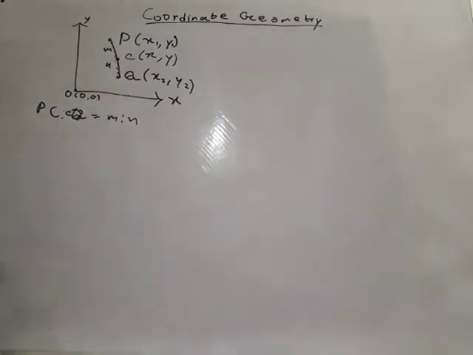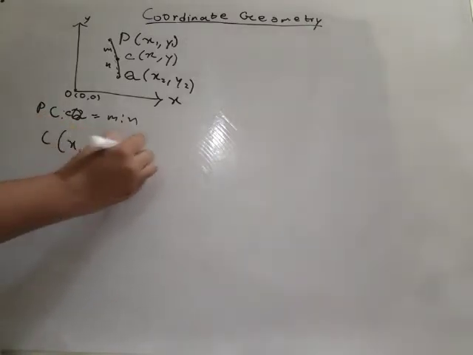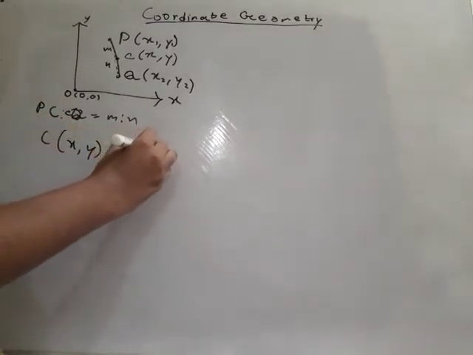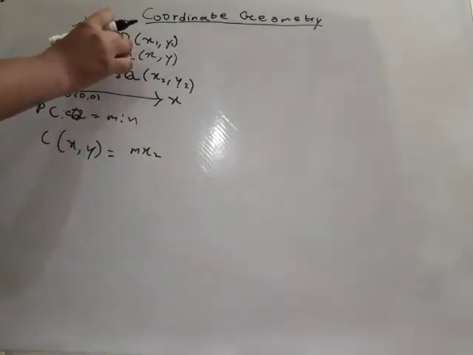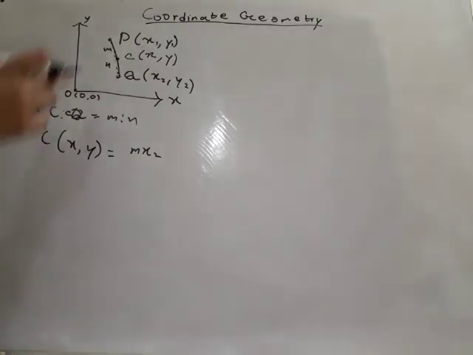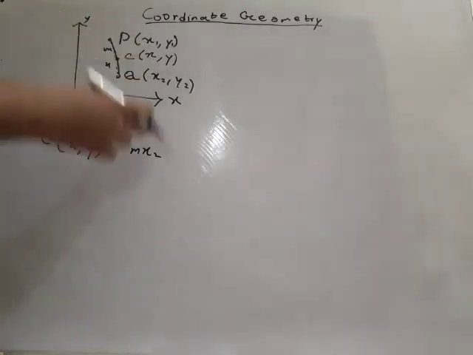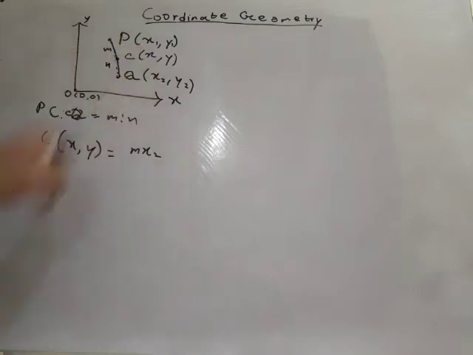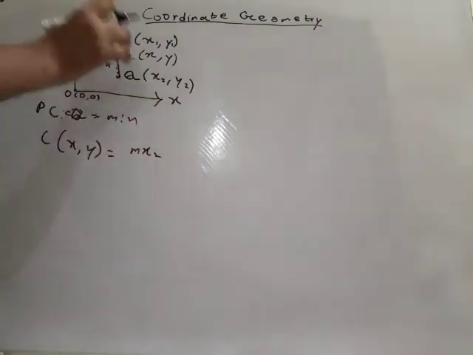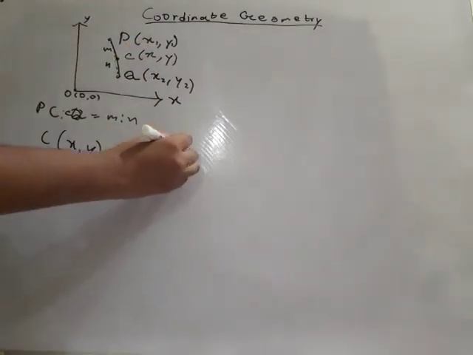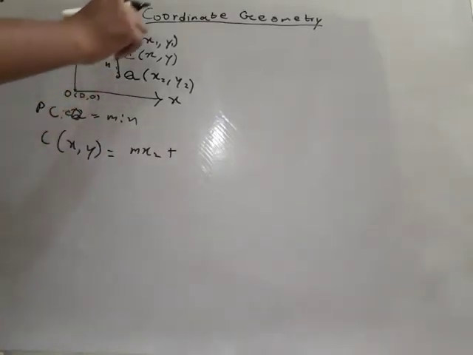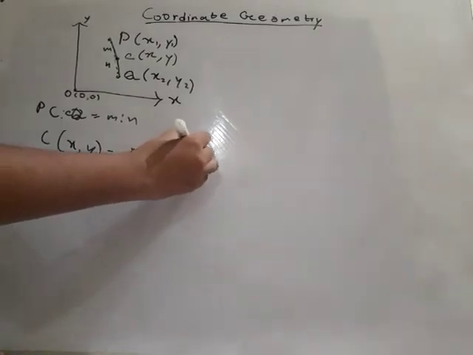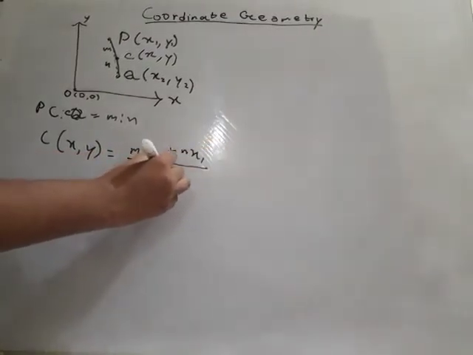So the coordinates of C, x comma y, equal m x2, meaning the ratio of one part along with the coordinate of the other part. So m x2 plus similarly n x1, divided by m plus n.